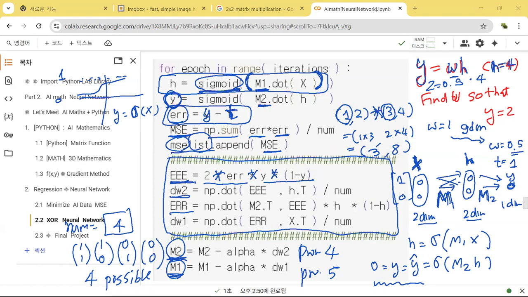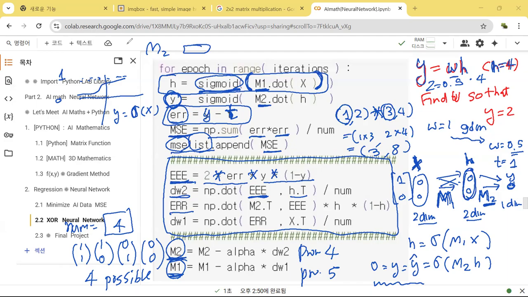DW2 is E dot product H transpose. So in this case, this H is a column vector. As you see from this, H is a column vector, and M2 is a 1 by 2 matrix, like this.